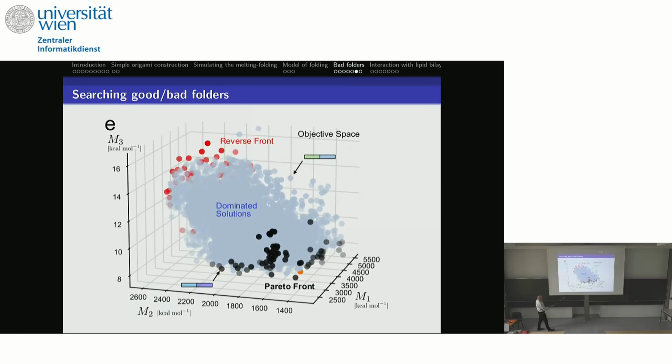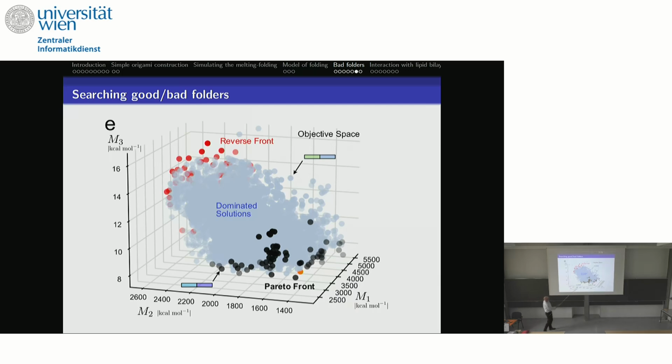Here you only have 3 of these measures. Each dot here corresponds to a different scaffold, okay? This is the energy of the off-target interactions. That means that if this energy is low, you are close to the ideal folding, but if this energy is high, you are far from the ideal folding.